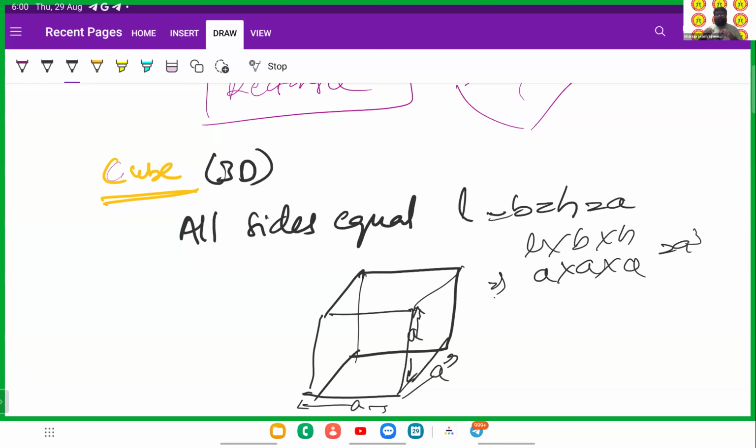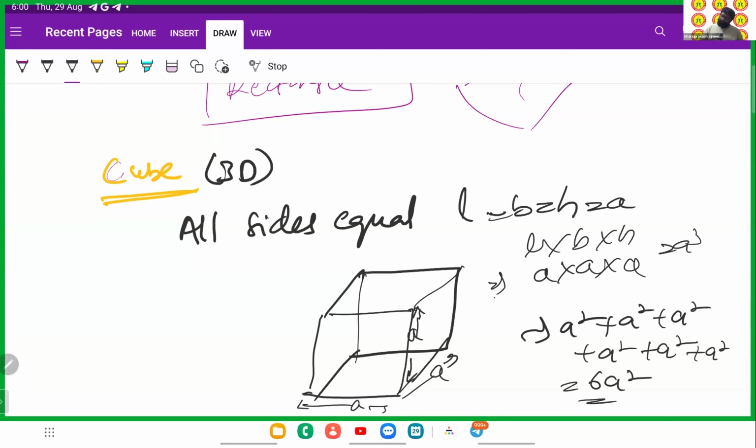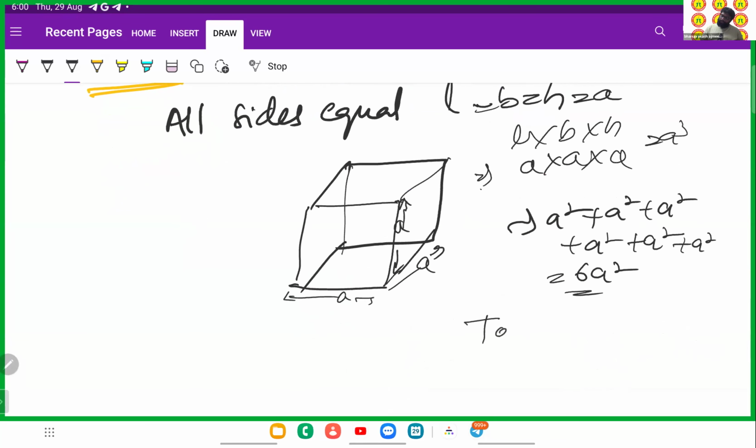Each surface is how much? A square, no? So if I combine all 6 surfaces, it is 6A square. So total surface area would be 6A square. Any doubt in this?